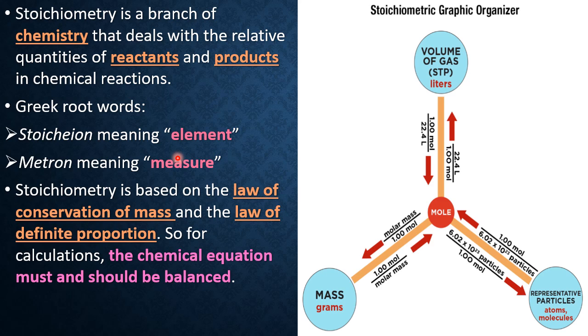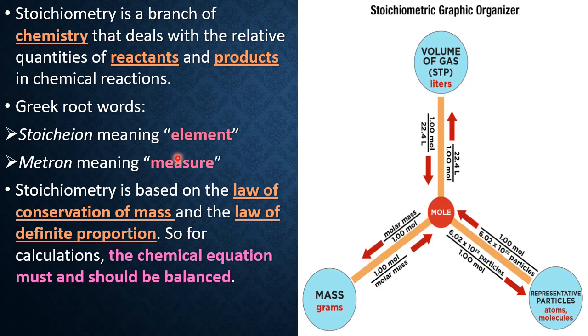Remember, stoichiometric calculations depend on two laws. First is the law of conservation of mass. Why? Because in the beginning we discussed that for stoichiometry we want a chemical equation in the balanced condition. When it is balanced, the law of conservation of mass holds good 100%. And the second law?